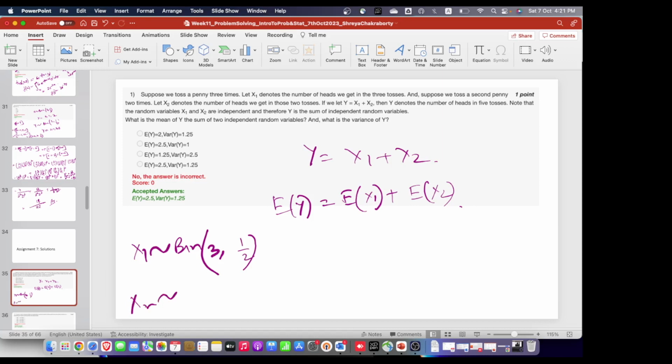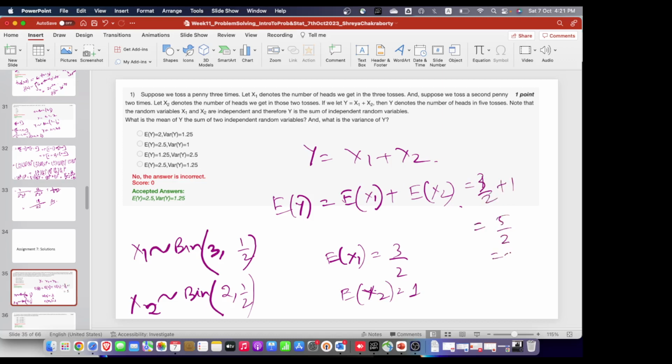X2 follows binomial 2, half. So expectation of X1 is 3 by 2, expectation of X2 is 1. So this will be 3 by 2 plus 1, that is 5 by 2, which is equal to 2.5.